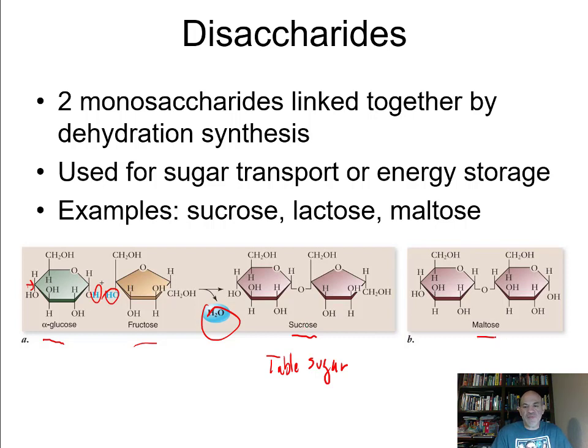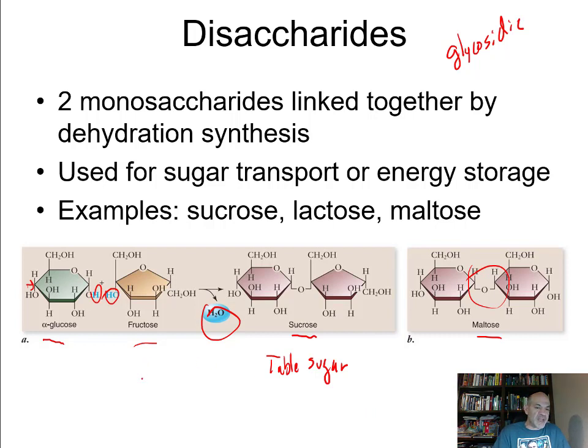Here is maltose. Maltose is a disaccharide made of 2 glucose molecules, and you can see there's that bond. Sometimes they call the covalent bond between the 2 sugar molecules a glycosidic bond. It's just a specific name for a bond between sugars. There's another important one that is not shown here, and it's between glucose and galactose.